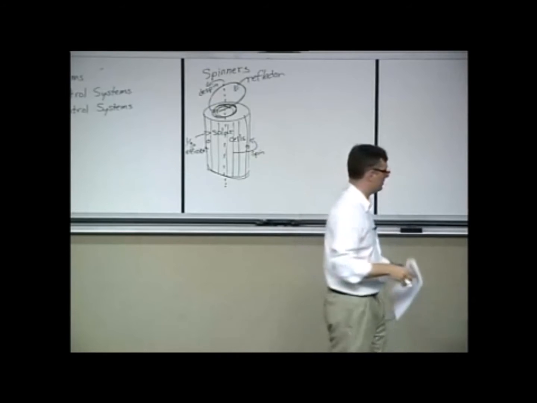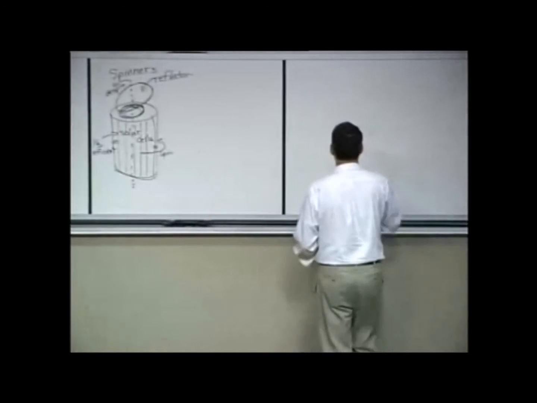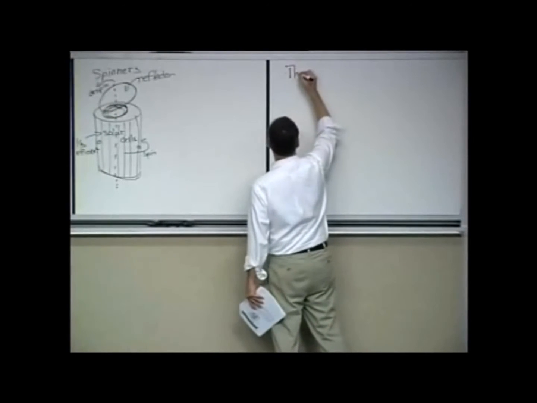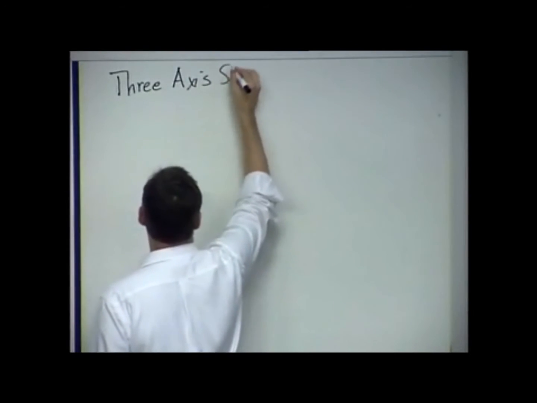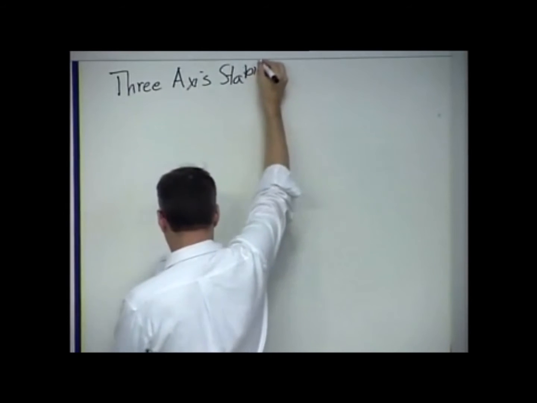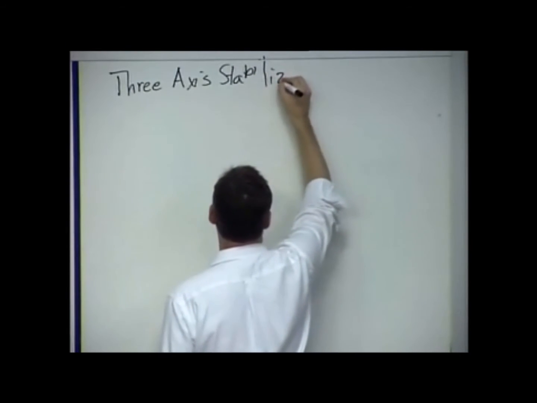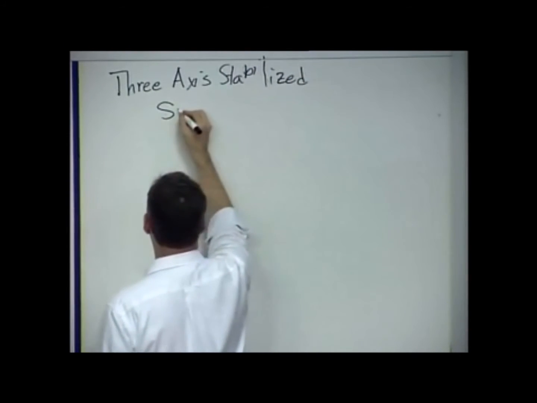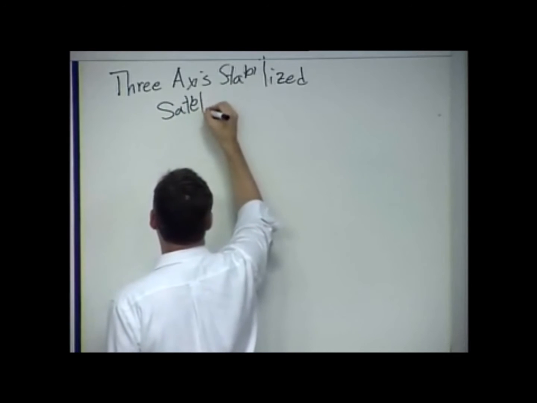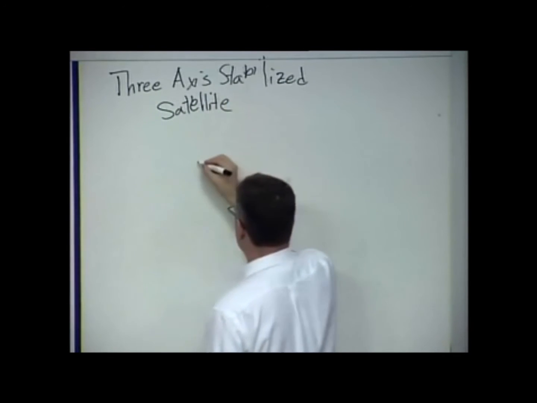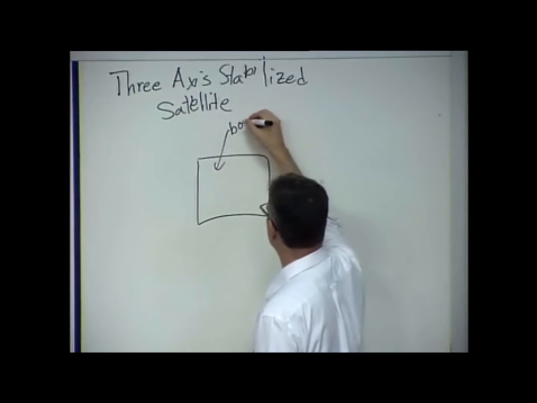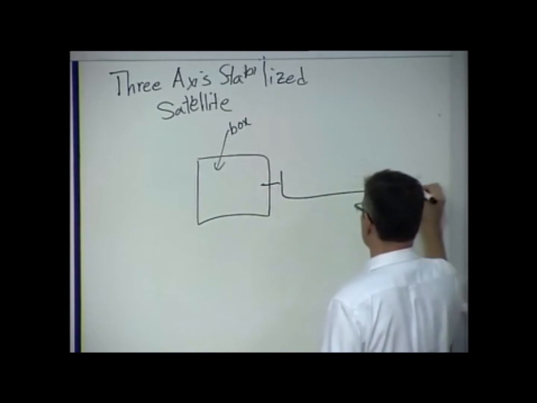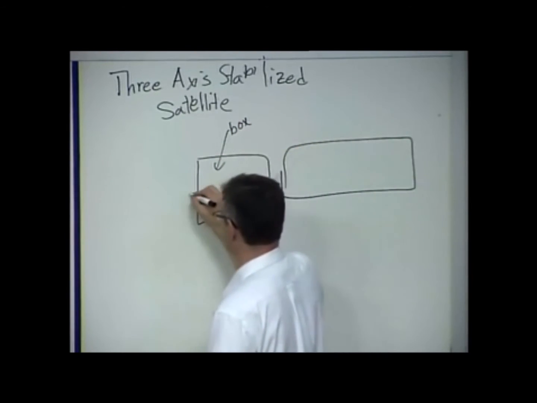Another one that is very common is a three-axis stabilized satellite, and this is your classical box with solar cells, solar panels sticking out of it.